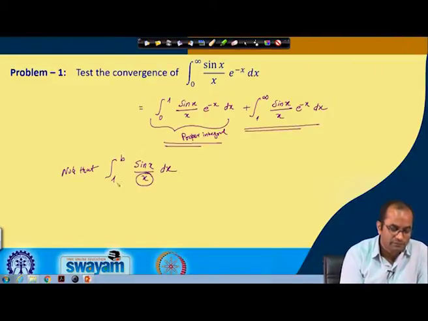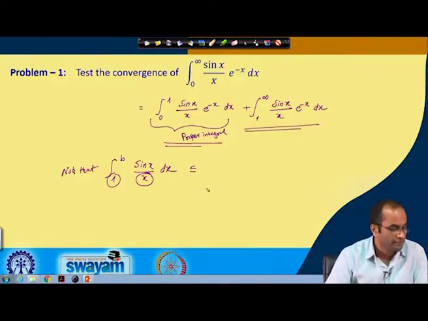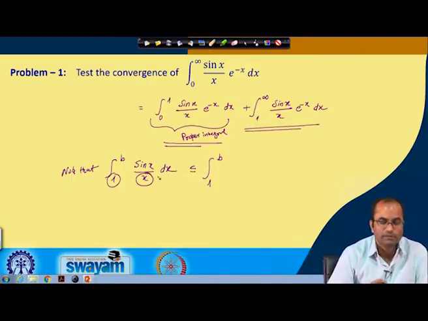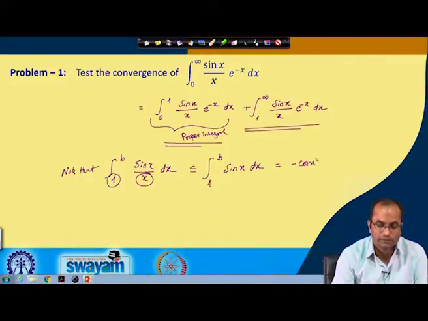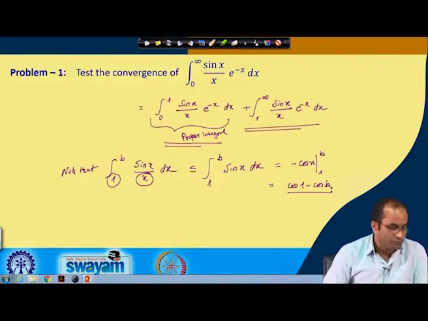We can replace x by 1, the minimum value, so the integrand becomes larger. So, we have the integral from 1 to b, with x replaced by 1, the lowest possible value, so that the integrand is the larger one. So, we have the integral bigger than the integral of sin x dx, and we know we can integrate this as minus cos x from 1 to b. So, this value will be cos 1 minus cos b, and we can take the absolute value there.